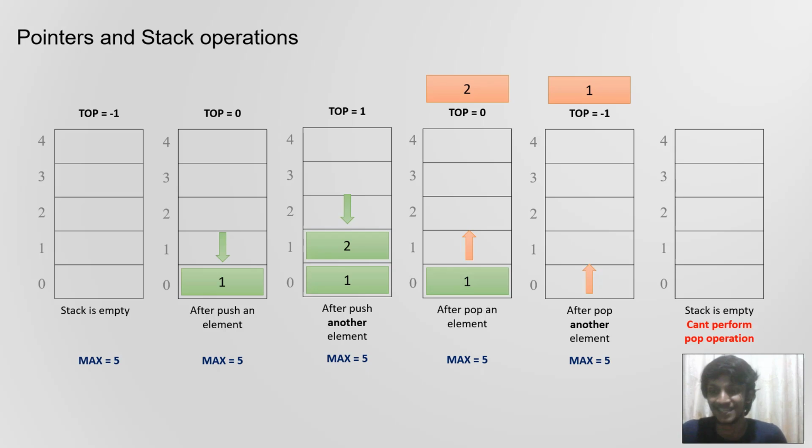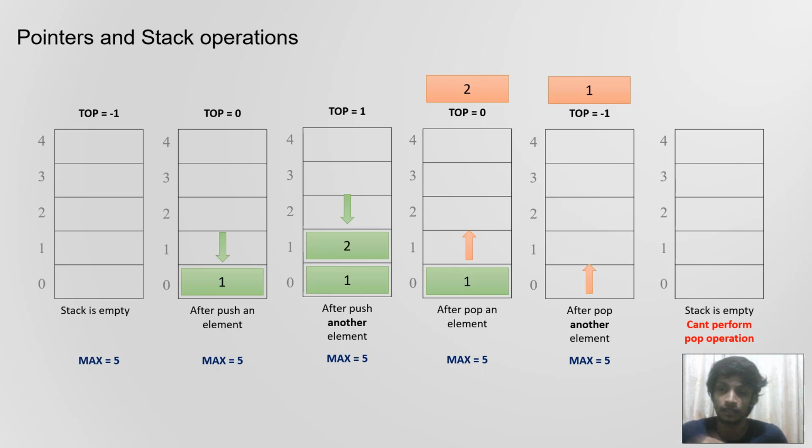What will happen if we perform the pop operation again? It can't be performed. That is the simple answer, because that is how the stack data structure works. You can't exceed its minimum state, which means the empty state, or the maximum state, which means the full state. You will see what I am saying later.